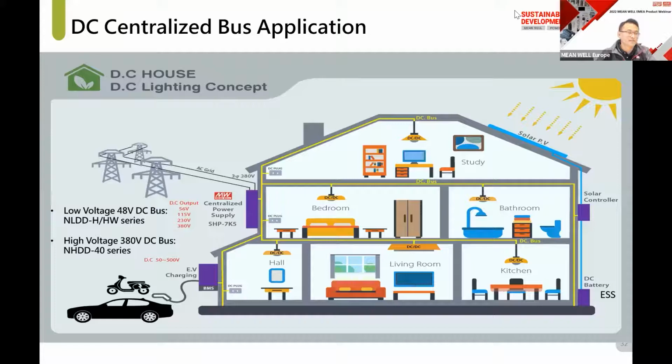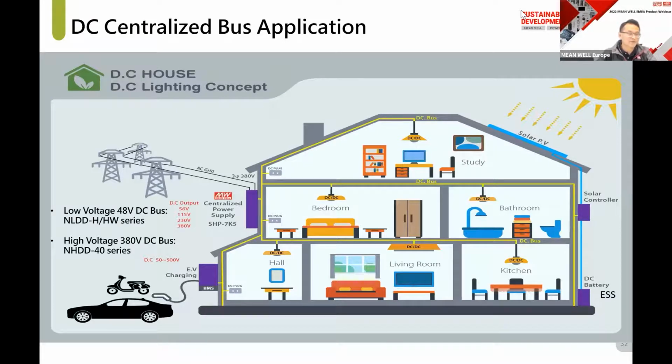When we check deeply, almost all the applications in the house are running on DC, for example, LED lamps, coffee machines or TVs. They always need an adapter in front to convert AC to DC.